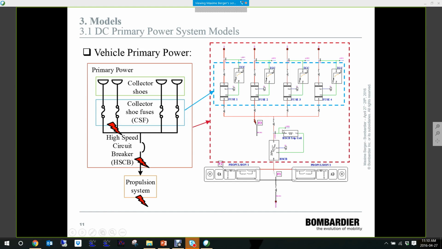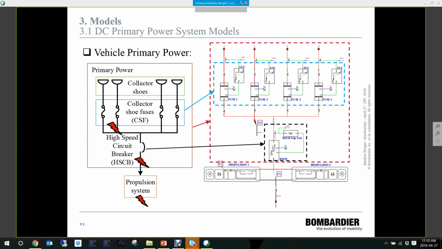The high-speed circuit breaker is also modeled in 2 blocks. We have the detection block, which is here the HSCB trip coil, and the second block, which is used to approximate the HSCB arc as defined by HSCB manufacturers.